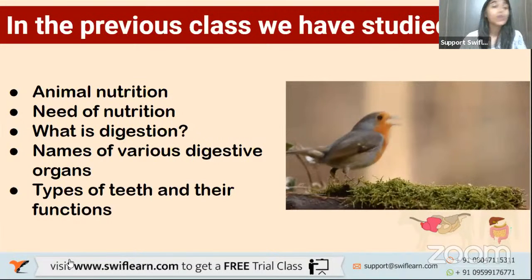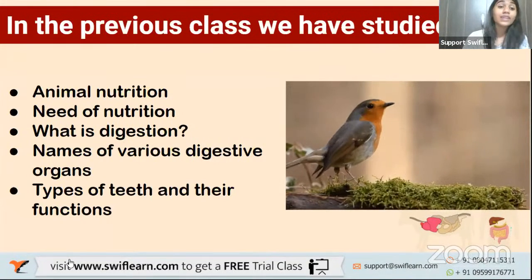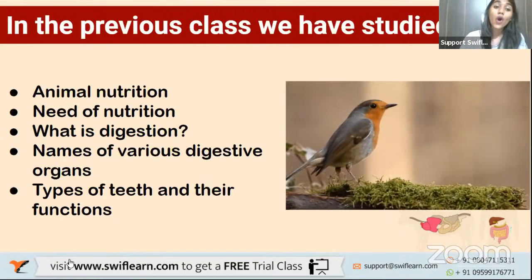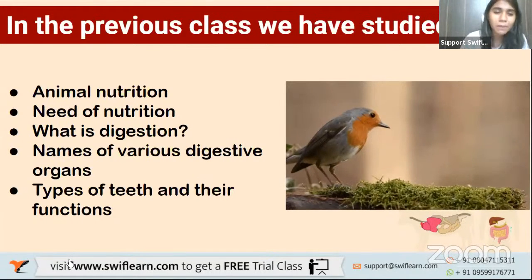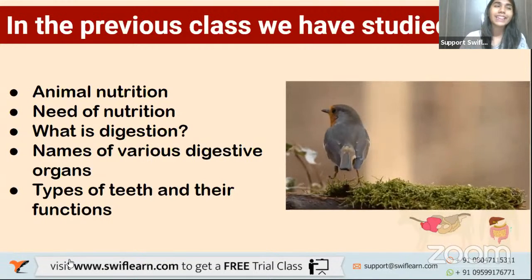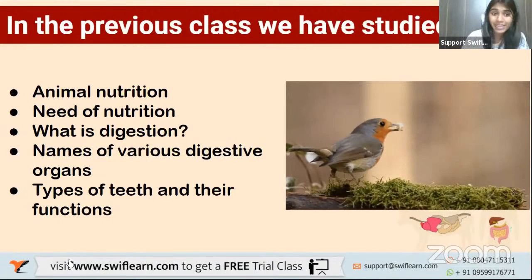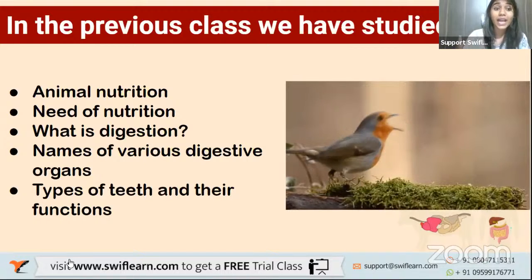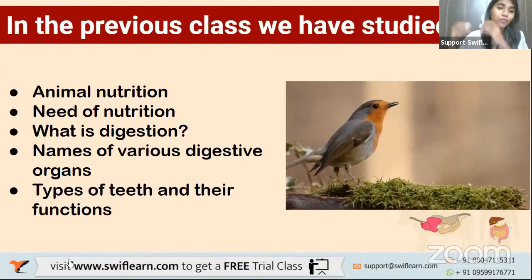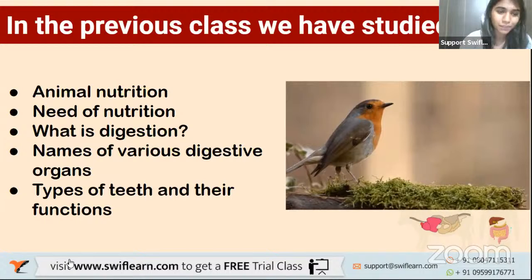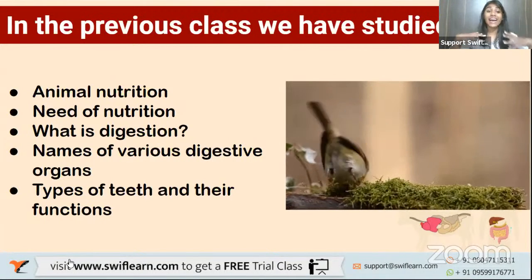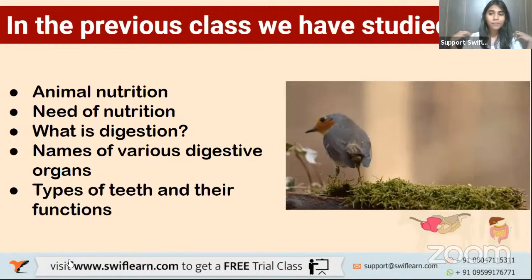Apart from these, you also require water, drinking a lot of water to keep yourself healthy. And also roughages like fibers are required, and they are not considered to be nutrients, but you need roughages so that they form the bulk for the excretory products. Okay, and also we discussed the various digestive organs in our body, right?